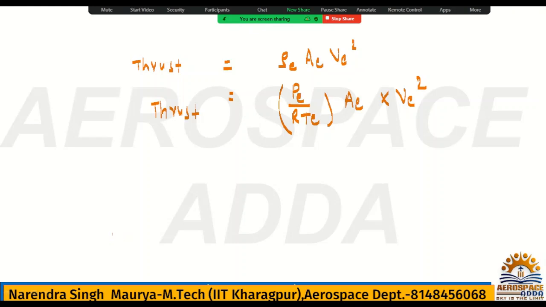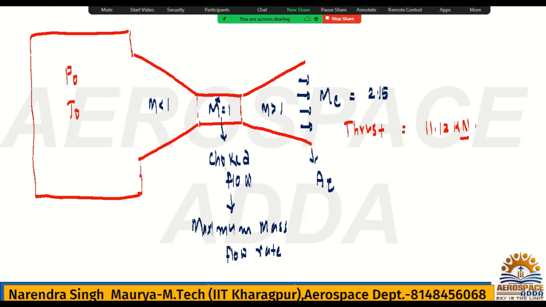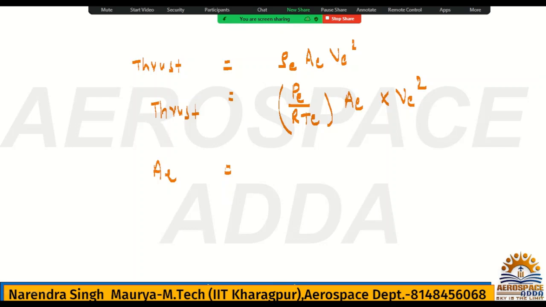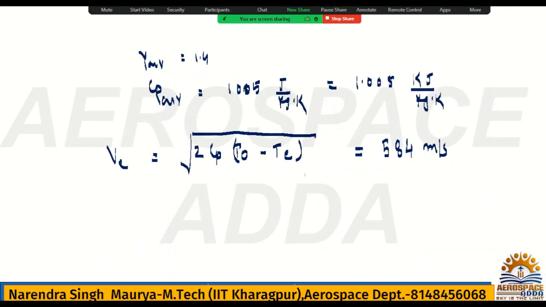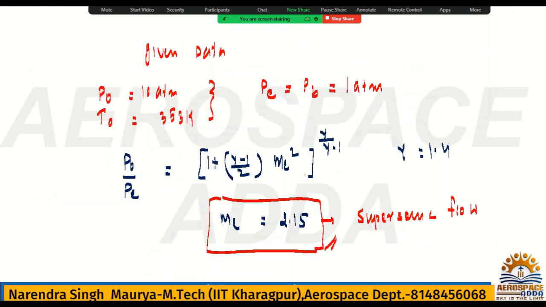What will be the exit area AE? Thrust is given as 11.12 kilonewton, so 11.12 times 10 power 3, divided by PE.